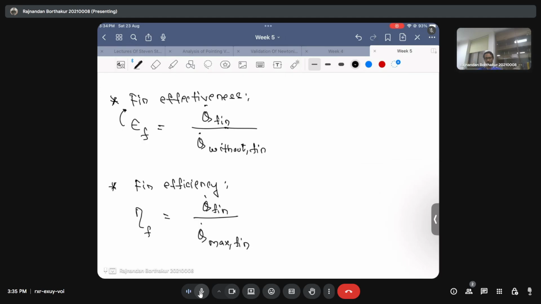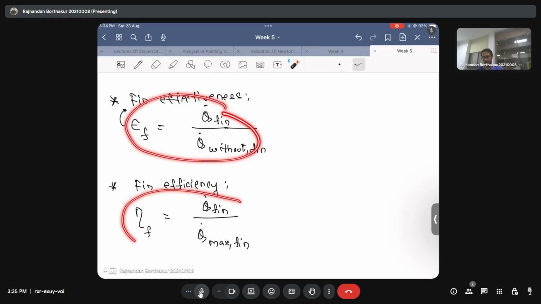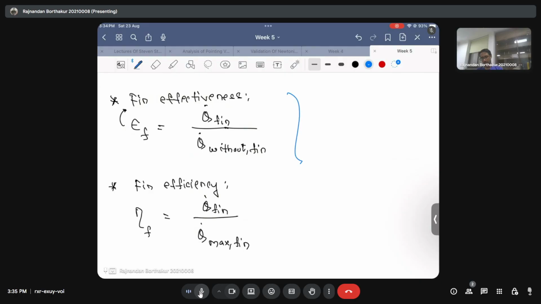We will see what this maximum rate of heat transfer is when we solve a problem involving fin efficiency and fin effectiveness, although I think we have got a glimpse in your lecture series. These two are sometimes known as fin performance parameters.